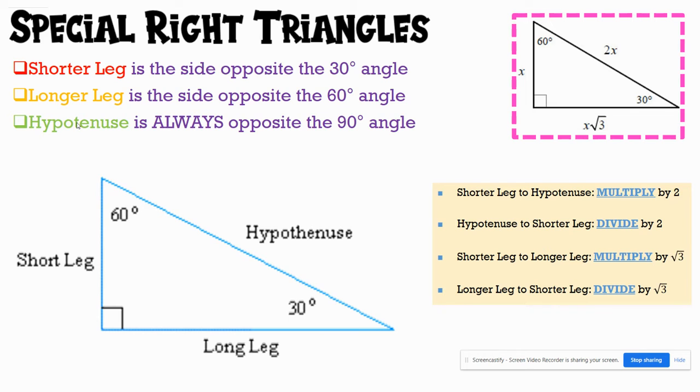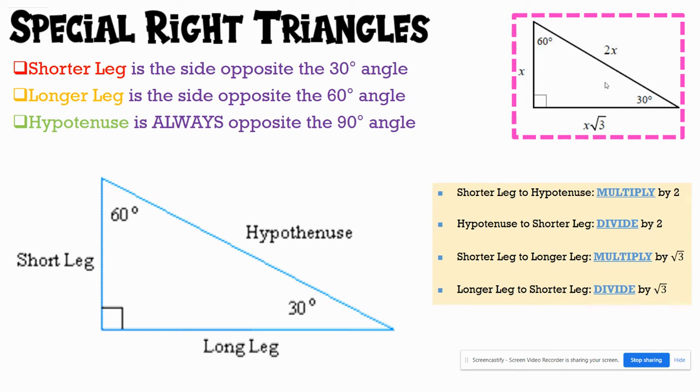The hypotenuse, no matter what kind of right triangle it is, whether it's special or not special, is always across from that 90-degree angle. And so the longer leg is going to be that middle side length across from the 60-degree angle. Again, the shortest side is always across from the smallest angle, and the longest side is always across from the largest angle.